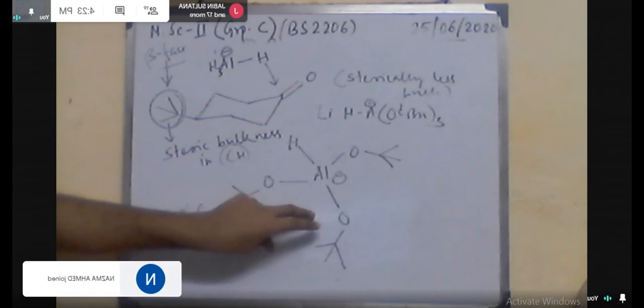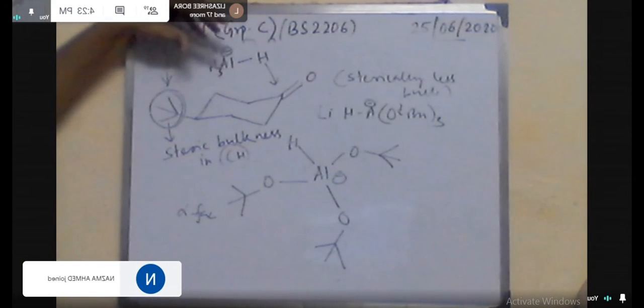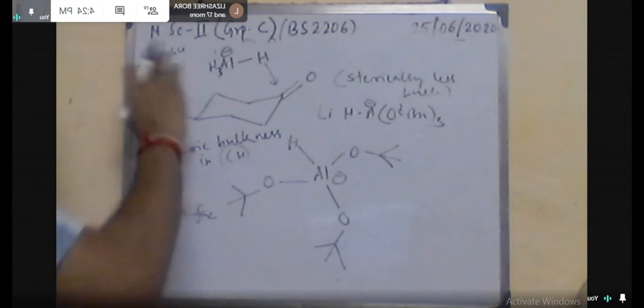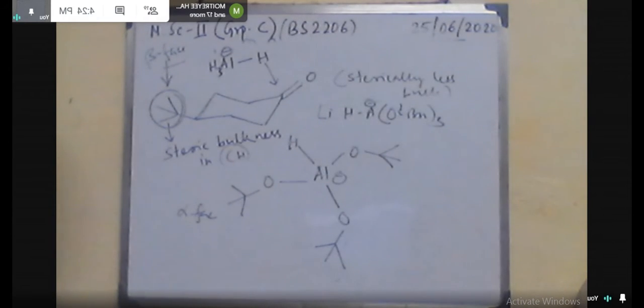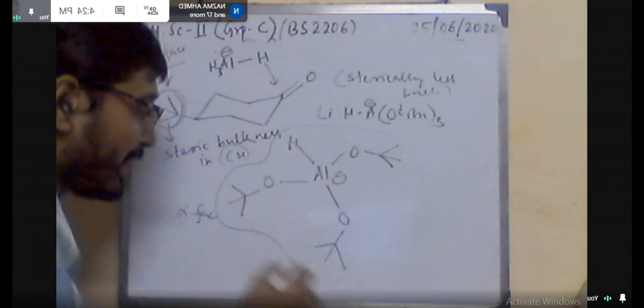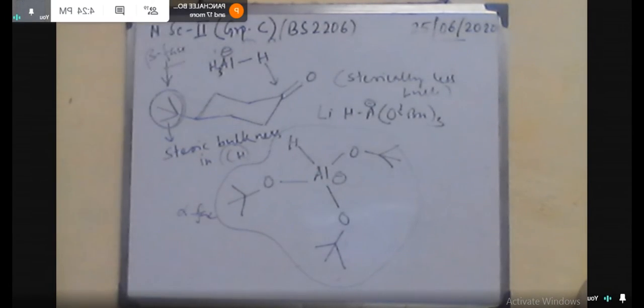So here it will be the major one, not the equatorial product as the major one. So this is the utility of steric bulk on the enantiotopic faces. That means they can now create diastereoselectivity in the reaction. So that is all for today's discussion.